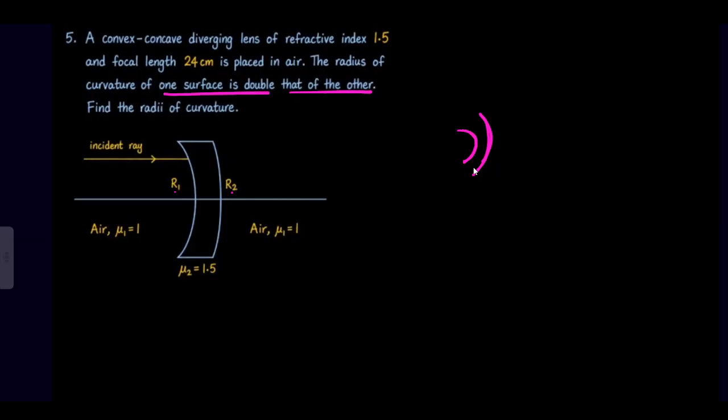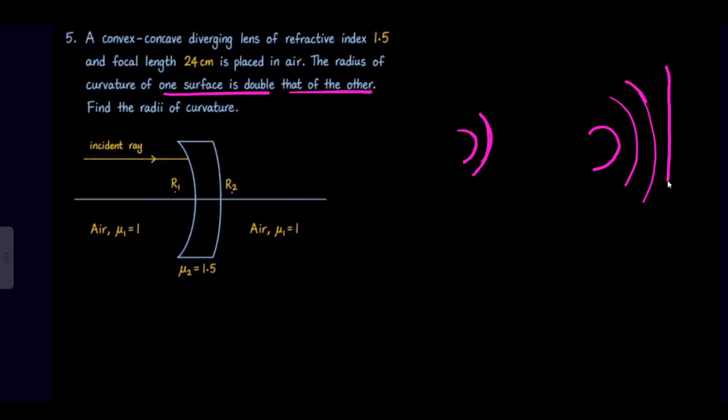Whichever has more curve, that is smoother, has a smaller radius. If we increase it like this, it will have a larger radius.